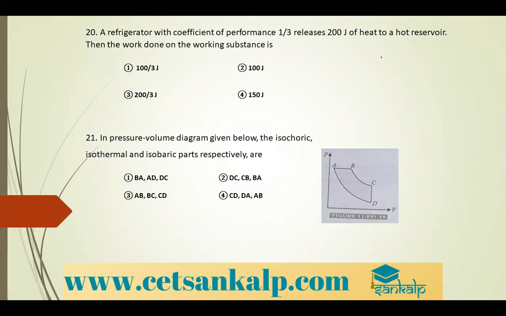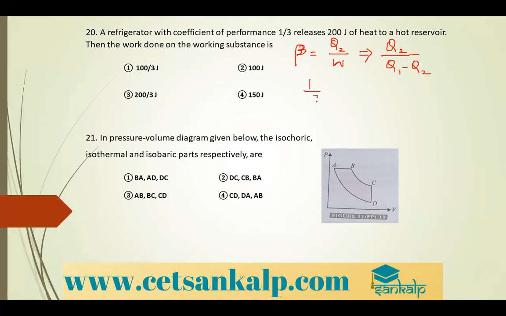So we have the formula beta is equal to Q2 by W, but W can be written as Q1 minus Q2, so Q2 divided by Q1 minus Q2, correct?